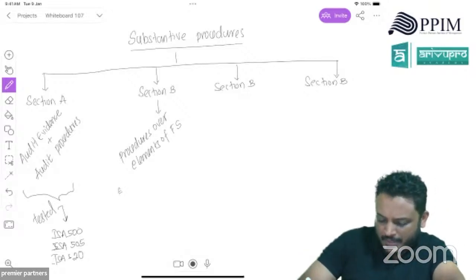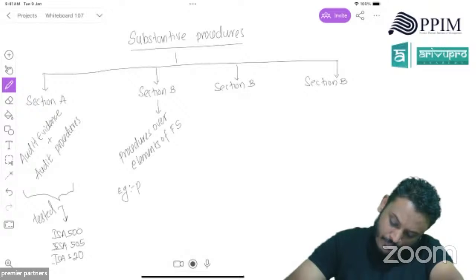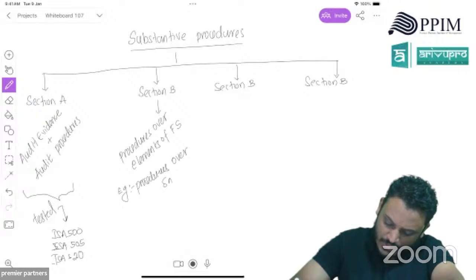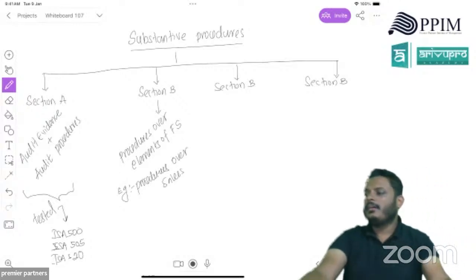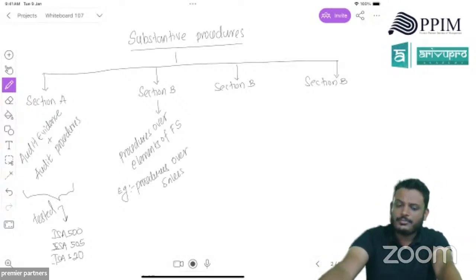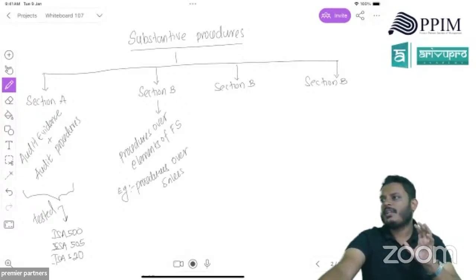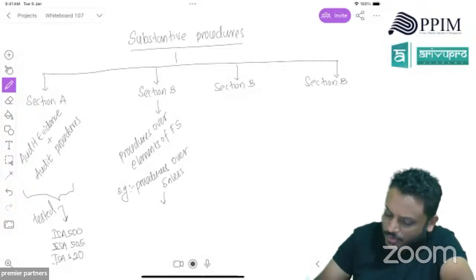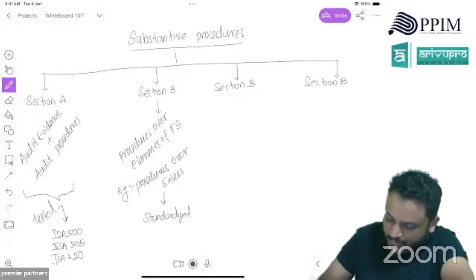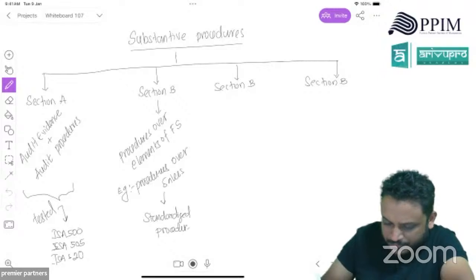For example, procedures over sales, revenue, receivables, payables, purchases. For an element of the financial statement, how are you going to verify? For this, I gave you all the procedures in my handout. These are standardized procedures, so you can learn them by heart.